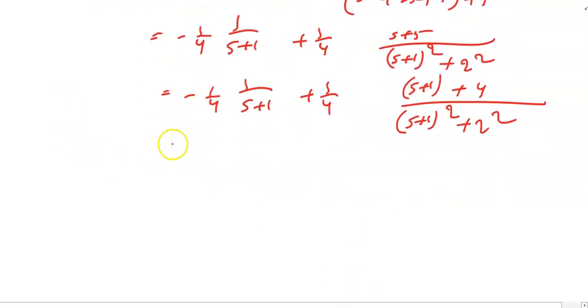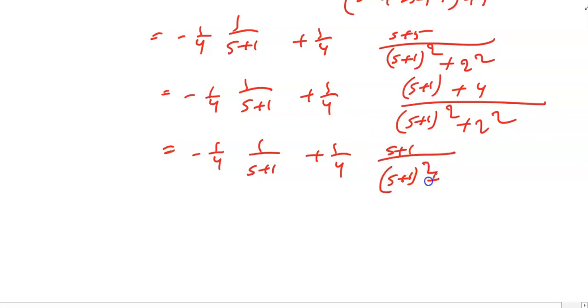Next, keep continuing: minus 1 upon 4 upon s plus 1 plus 1 upon 4 times (s plus 1) upon (s plus 1) square plus 2 square plus half into 2 upon (s plus 1) square plus 2 square.